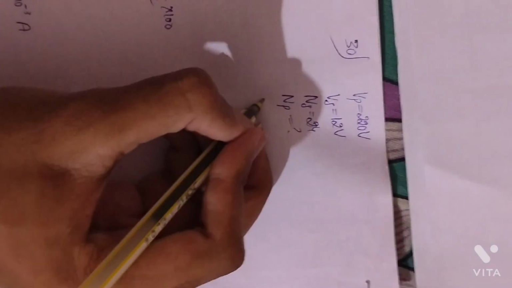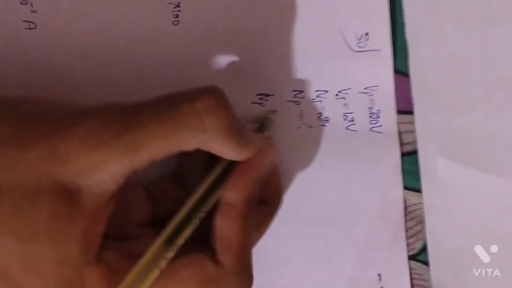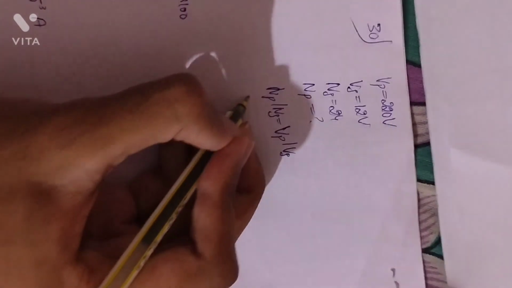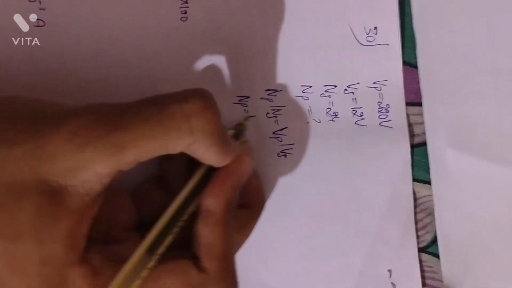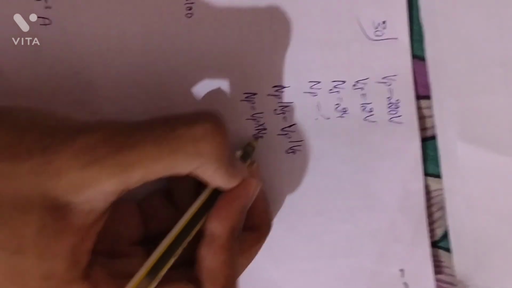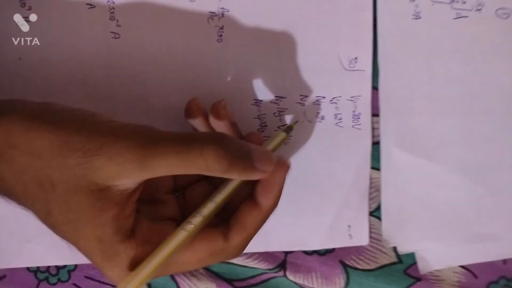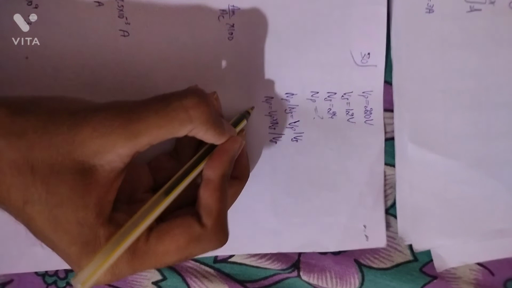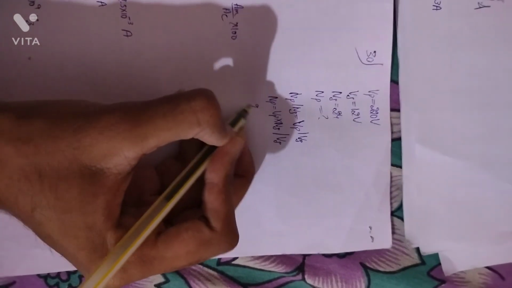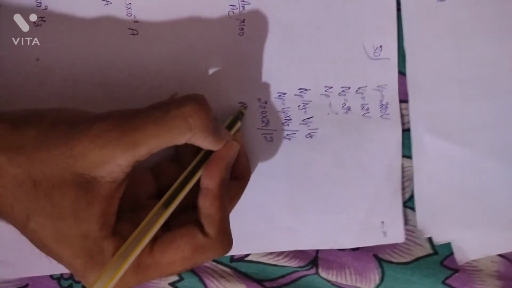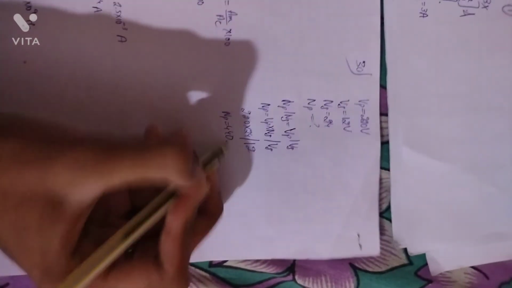So NP by NS is equal to VP by VS, so NP is equal to VP into NS by VS. So VP is 220 into 24 by 12, that is NP is equal to 440. So therefore the answer is 440.